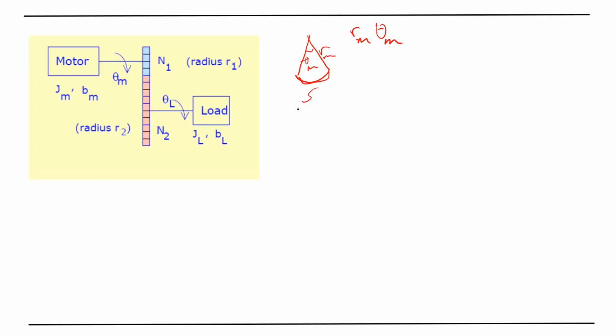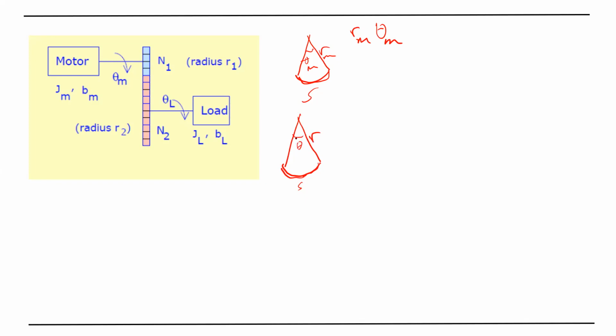What I'm saying is, you have rotational motion. Suppose I'm moving along an arc from this point to this point. This is r, the radius, and this is theta.